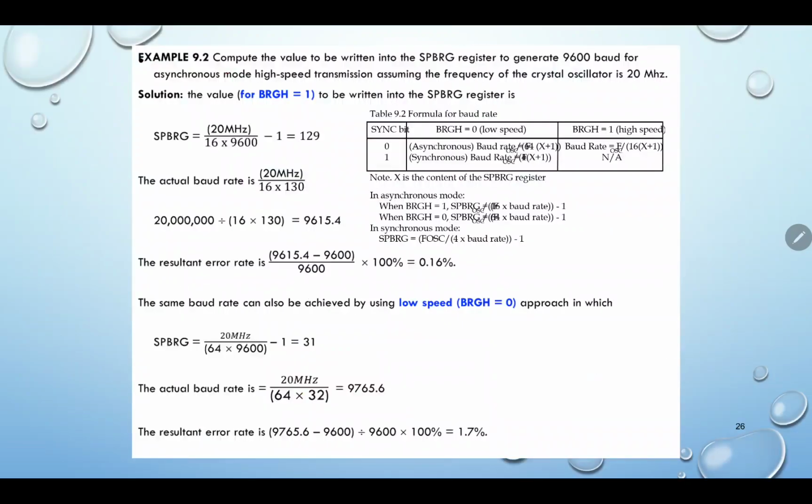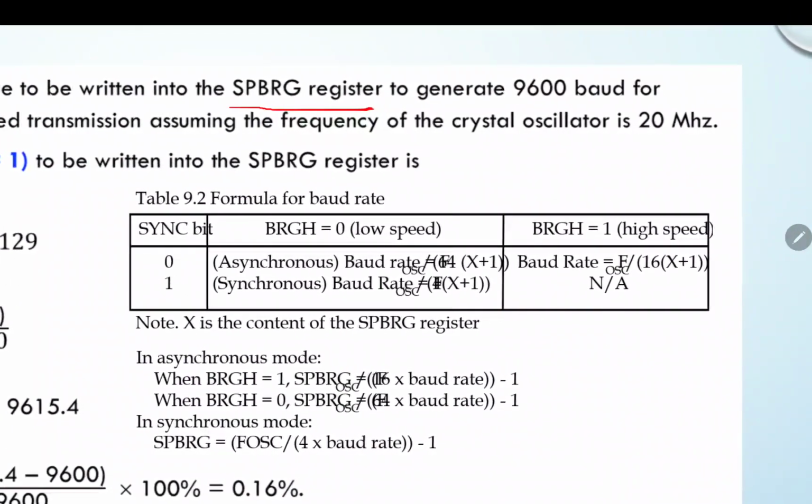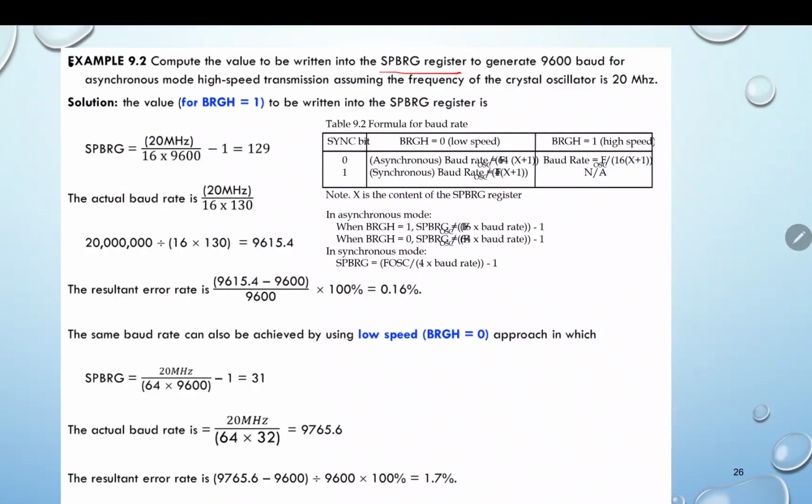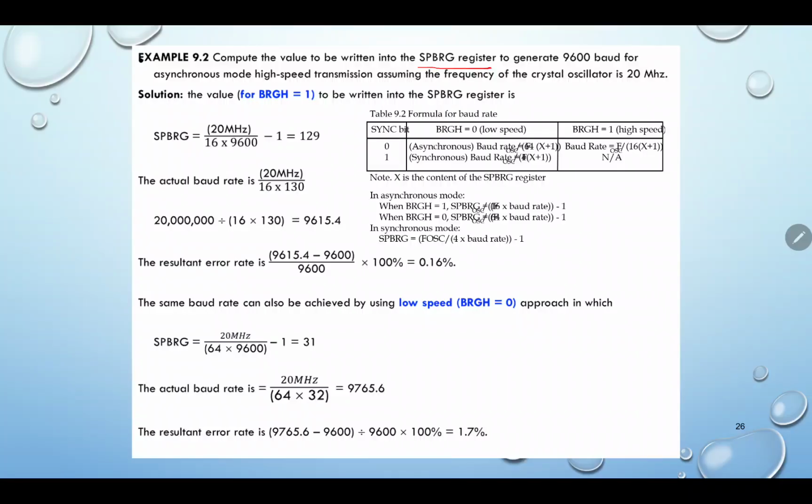So let's see this particular question. It says compute the value to be written into the SPBRG register. Here the baud rate is given. They say asynchronous mode, and high speed, and the frequency is given.